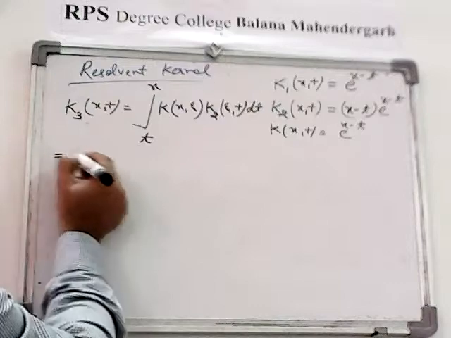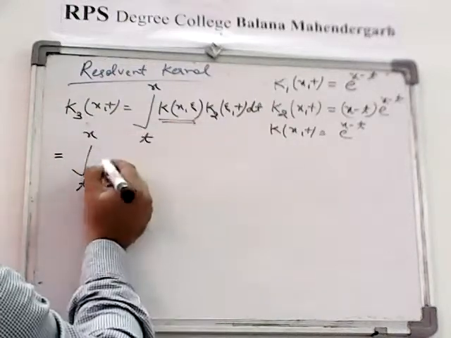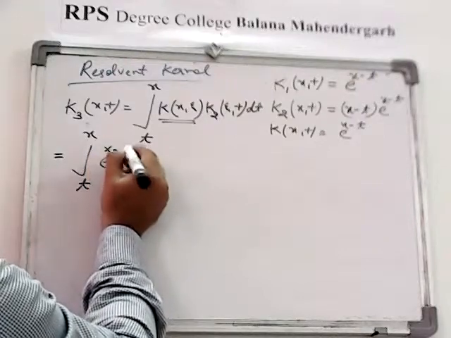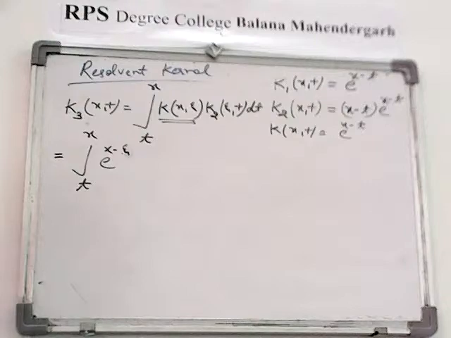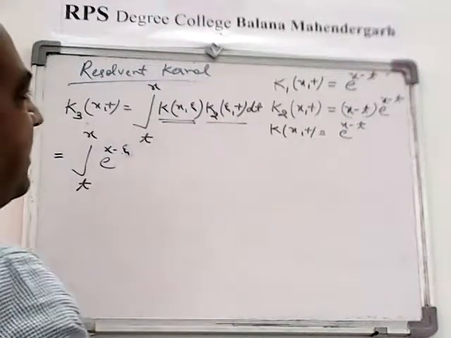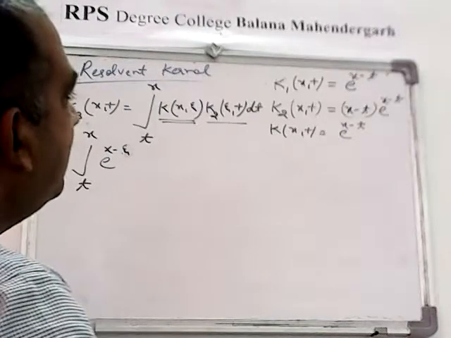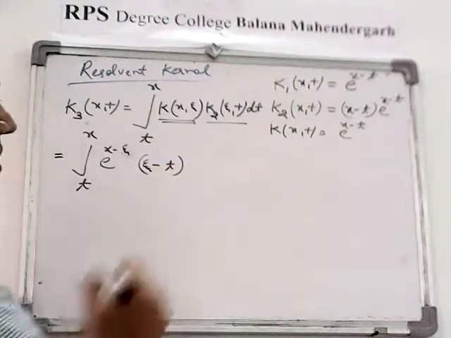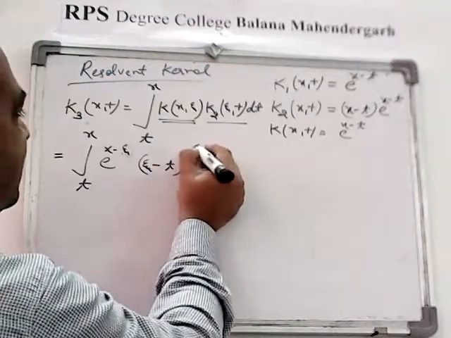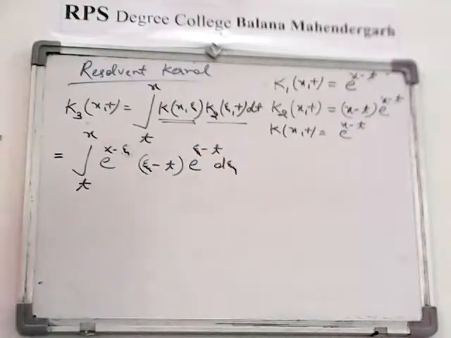So this value comes out to be equal to integration t to x. Then this value is e raised to power x minus xi, because the kernel is k x comma xi. In k2 we have to write k2 xi comma t, so its value will be xi minus t, then e raised to power xi minus t, d xi.